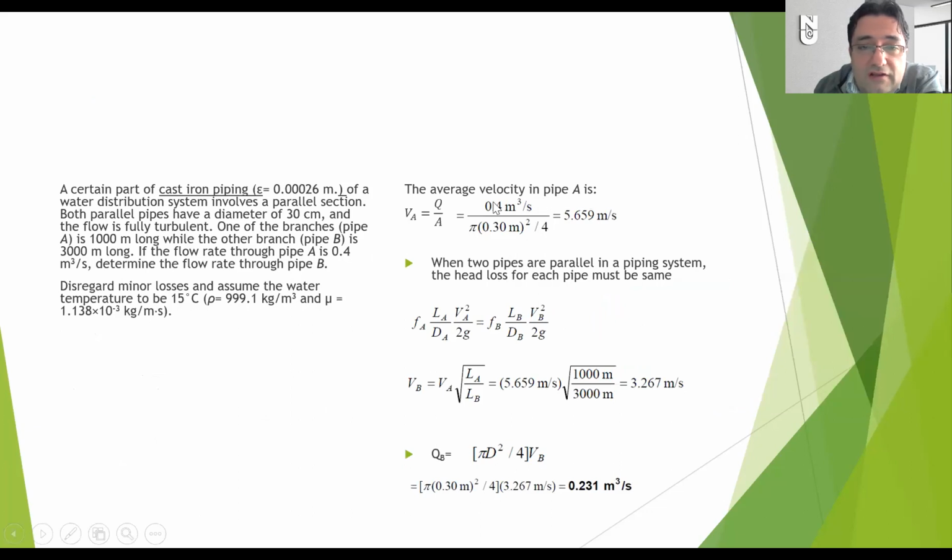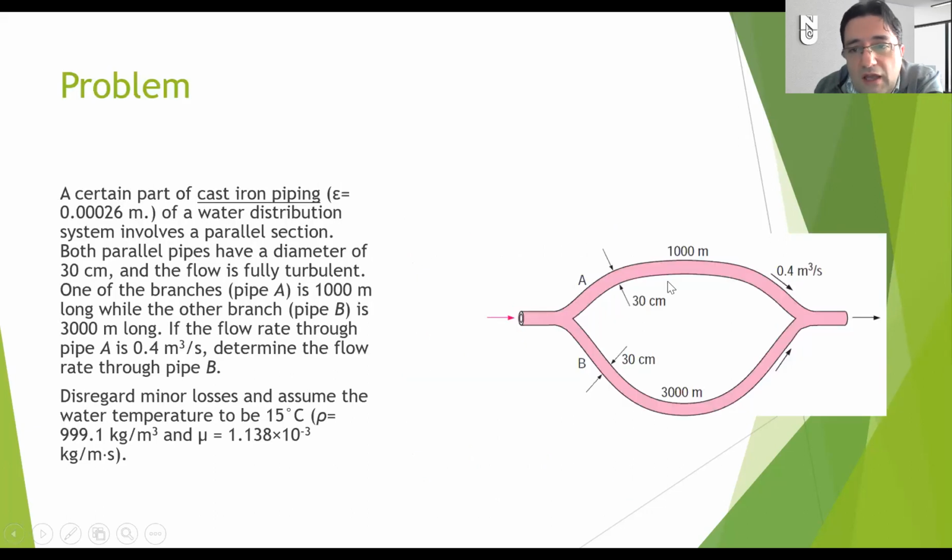The first thing is to calculate the velocity in pipe A, because we know the flow rate and we know the area, and the velocity in pipe A is going to be 5.7 meters per second. Let's look at the question again.